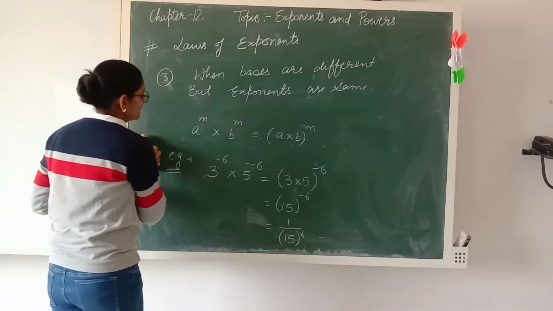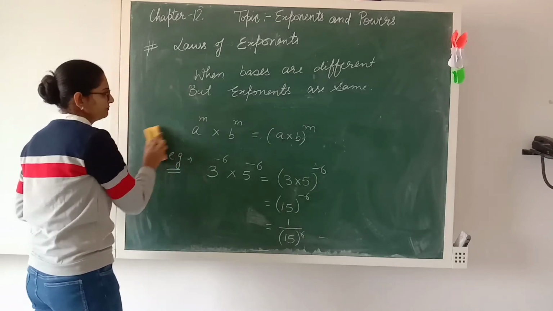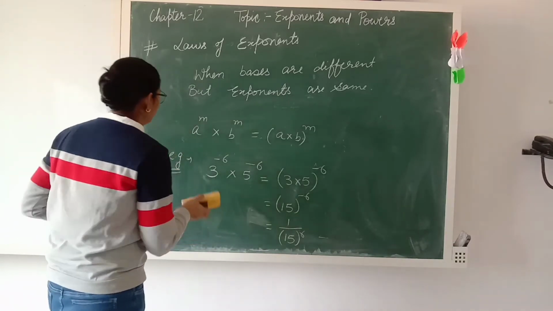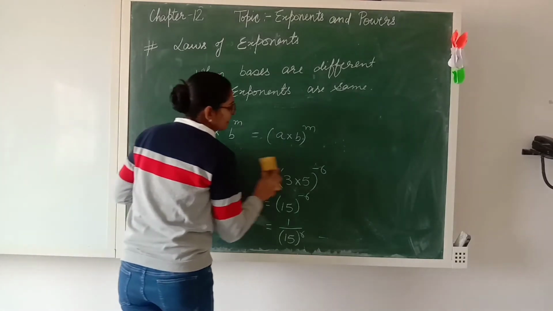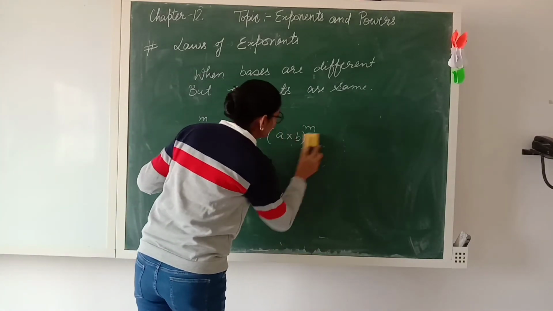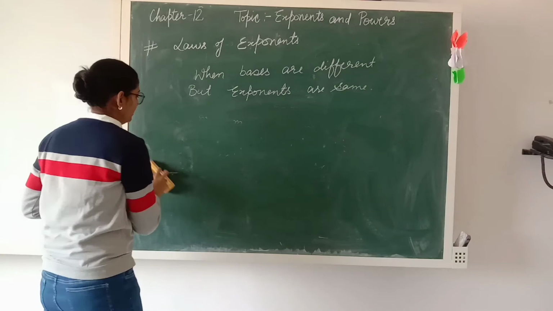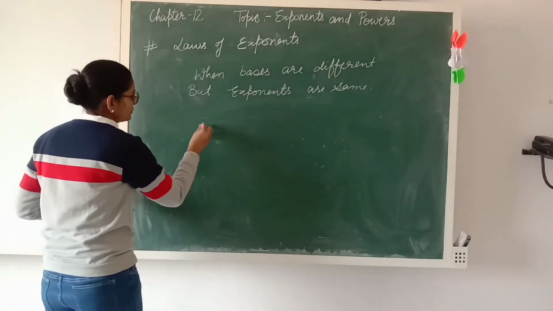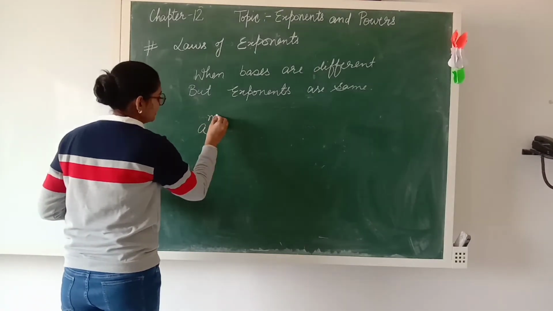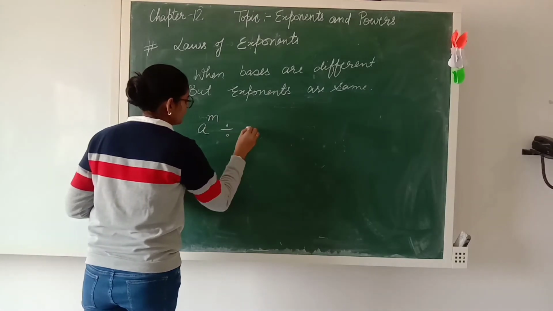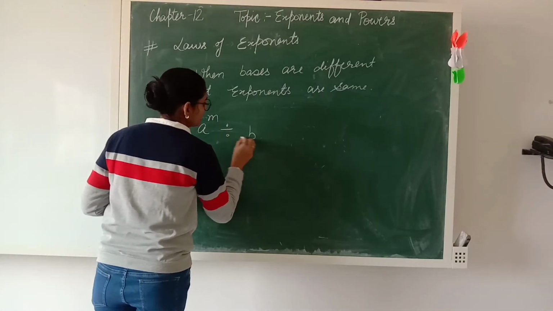Now the next one is about bases are different and exponent is same, but our algebraic sign is converted into division. So now the exponents are like this, but the symbol is changed. It's in division.